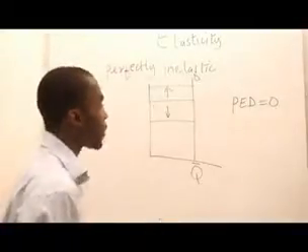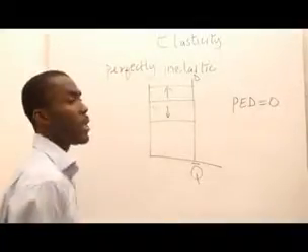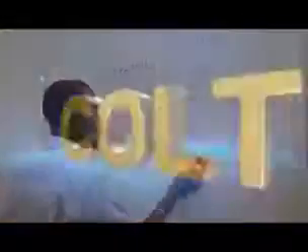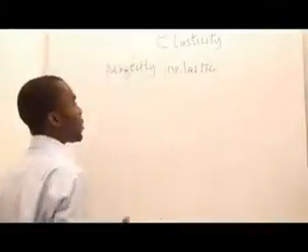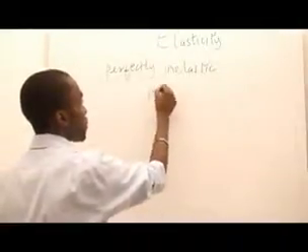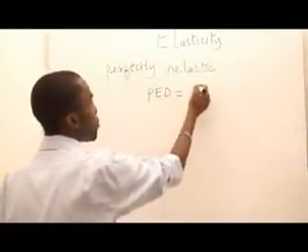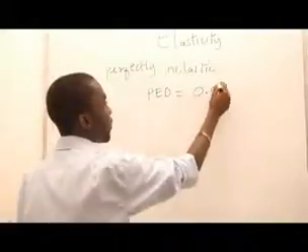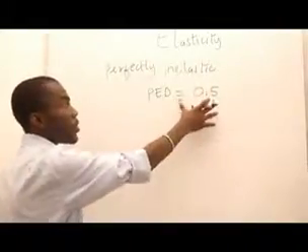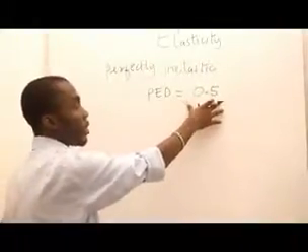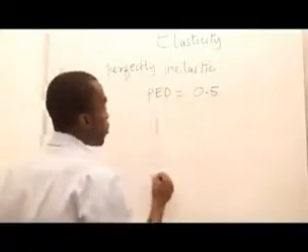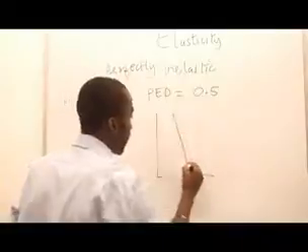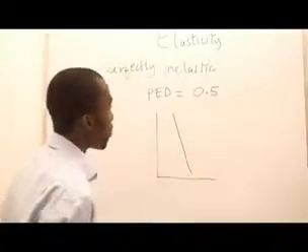So those are the 5 cases for price elasticity of demand. So if you have a calculation and you end up with a figure for price elasticity of demand equal to 0.5, then we can say that we are dealing with a demand curve which is inelastic. And with this, you can draw your demand curve to have a very steep slope.